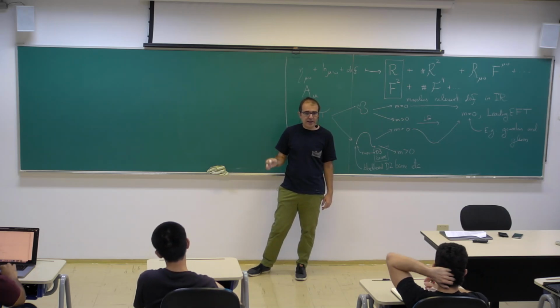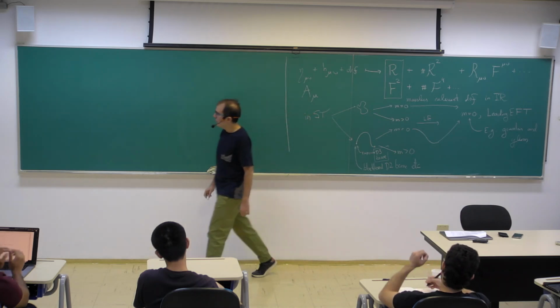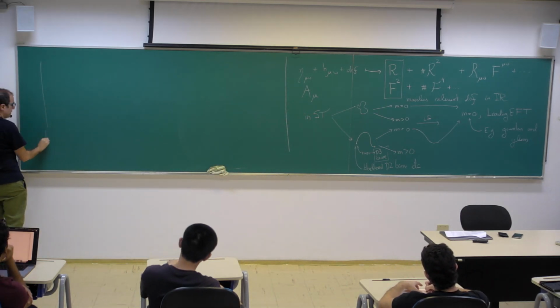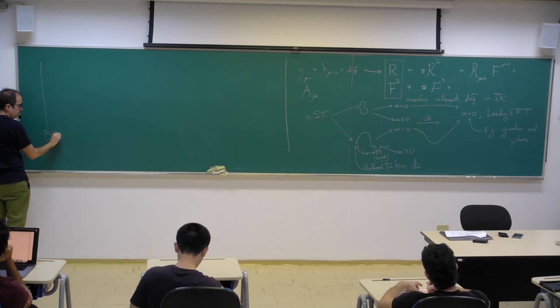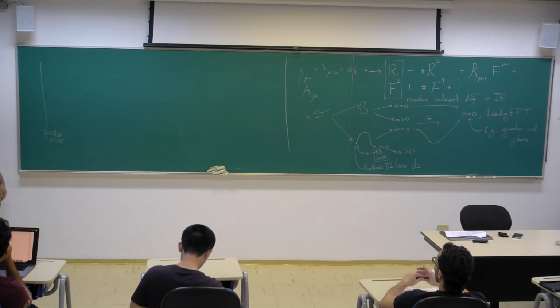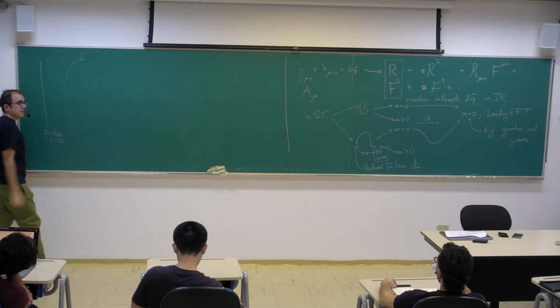Suppose I have an electron that is passing by a proton. So I have a proton. A proton is a very heavy object. So that's a proton. Right? Proton is basically infinite mass, right? Very heavy. And then we have an electron that passes by this proton.